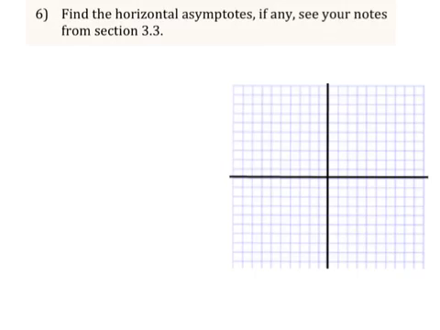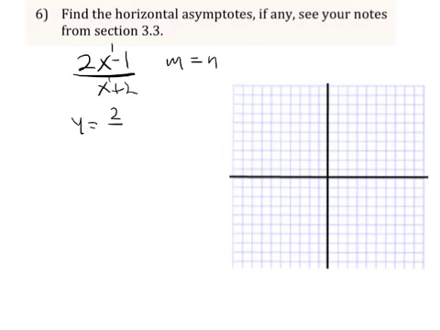Okay, so we want to find our horizontal asymptote. We have 2x minus 1 over x plus 2, m then equals n, because the power of x is 1 and 1. So then y equals 2 over 1 is my horizontal asymptote. So in red I plug that in.